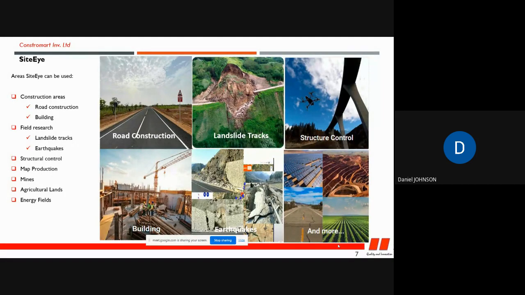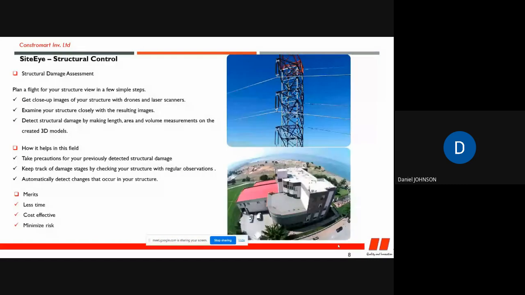So I'll start with structural control. It can be used for structural damage assessment. So for structural damage assessment, to test the damage to a structure, Siteeye can be used to get a closer image from the created 3D models.